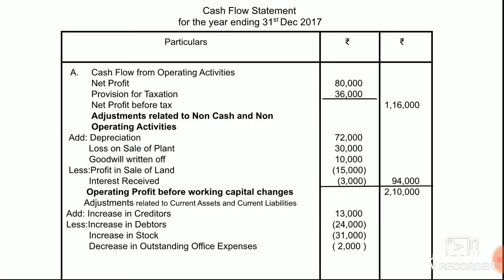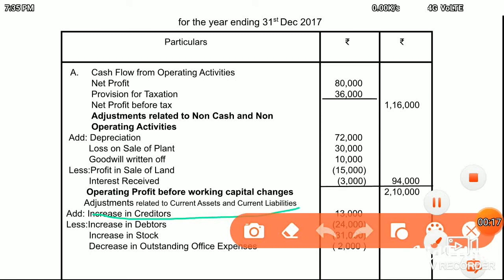Now, after calculating the increase and decrease in current assets and current liabilities, we place these items in our format. We write adjustments related to current assets and current liabilities. Below that we write increase in creditors 13,000, increase in debtors 24,000, which is an outflow, increase in stock 31,000 outflow, and decrease in outstanding office expenses, which we show as an outflow of 2,000.